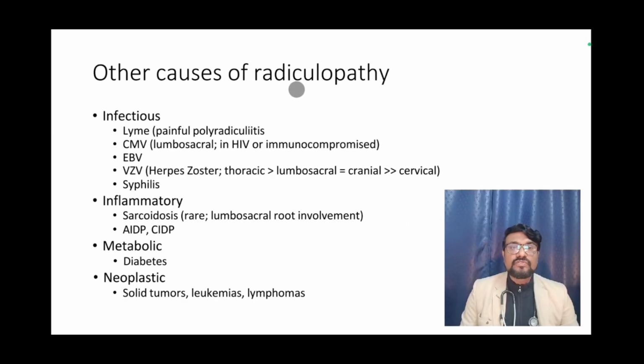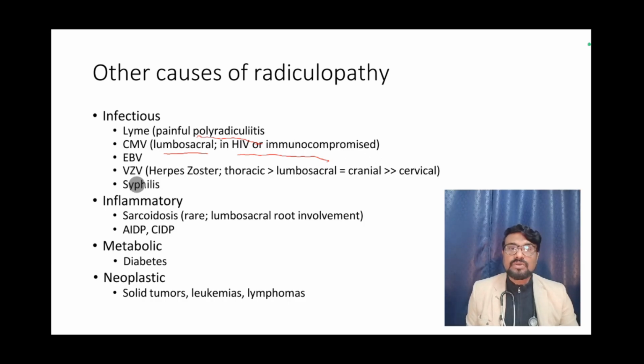Other causes of radiculopathies include infections like Lyme disease, which leads to painful polyradiculitis, and CMV, causing lumbosacral radiculopathies as in HIV-associated cytomegalovirus infection. Varicella zoster infection leads to radiculopathy, more prominent in thoracic regions than lumbosacral, with cranial involvement more common than cervical involvement.